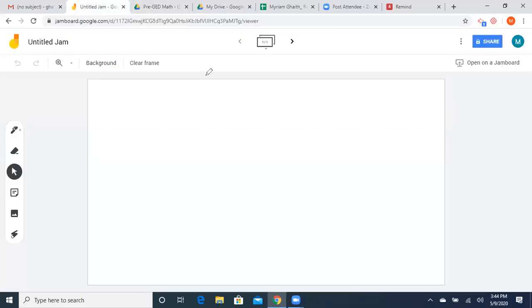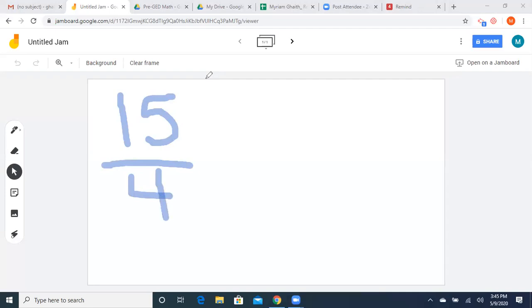Can you see my screen, my blank page? Yes. Okay. So you guys told me, we're going to do it this way. We got 15 shaded parts over how many parts each square was made up of, and it was 4. So that's my improper fraction.